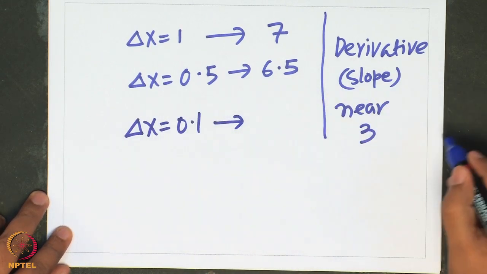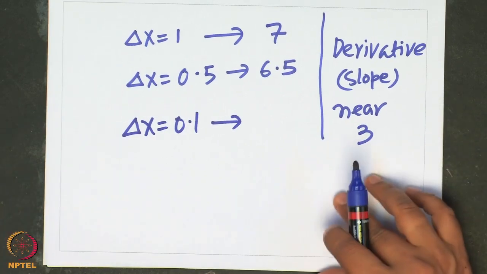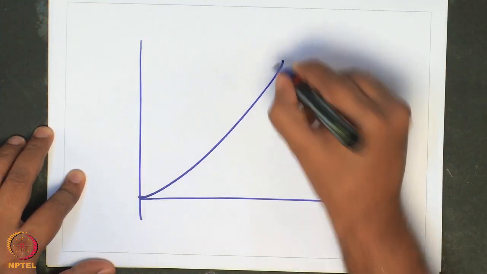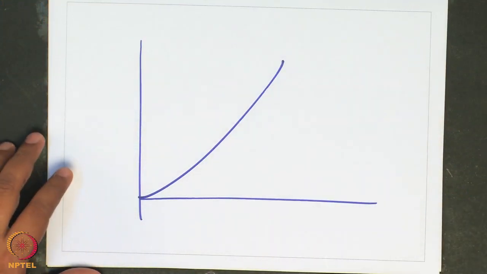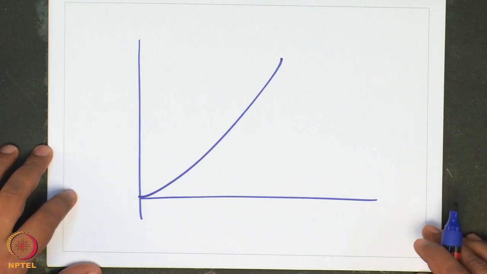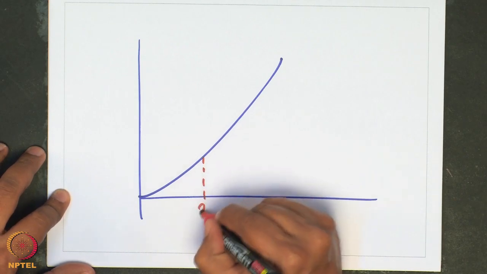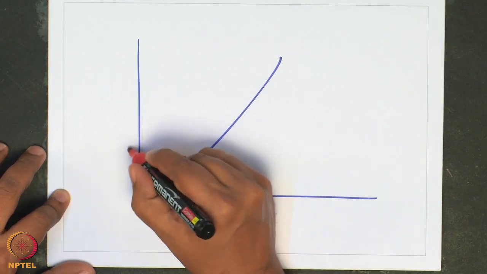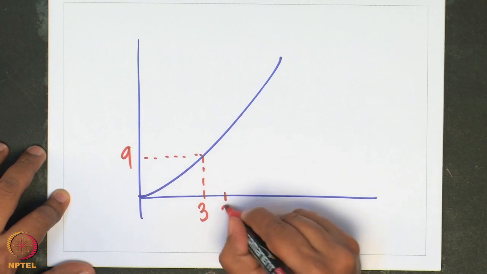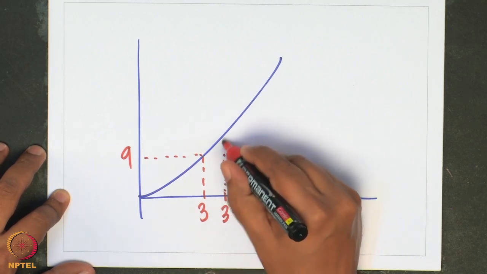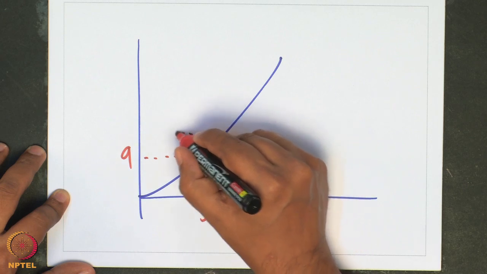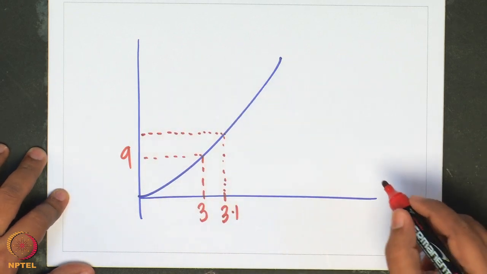Then what is the slope that I would get? Let us see. I have this curve y is equal to x square, and this is my point of interest, which is 3, and this is 9. Now I am going to take a point which is 3.1. What is 3.1 square?